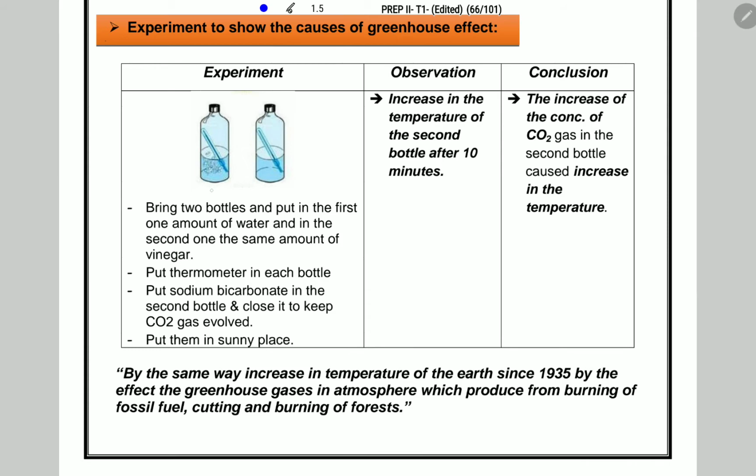We have two bottles, bottle A and bottle B. We put some water in the first bottle, and in the second bottle we put some vinegar.